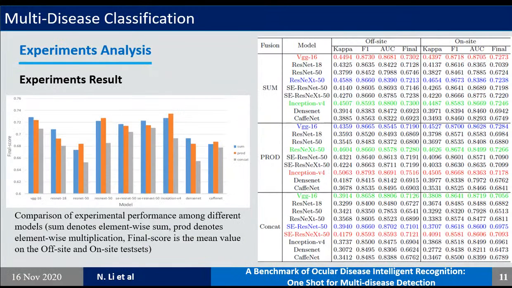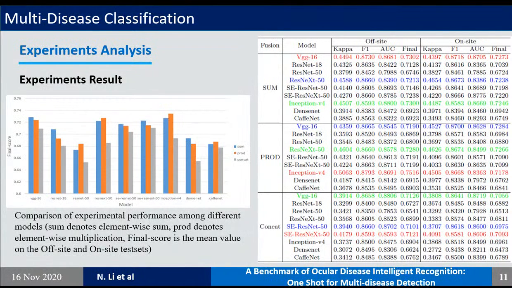We selected 9 currently popular deep convolutional neural networks as the backbone network. We use 4 evaluation metrics, including kappa, F1 score, AUC, and their mean value, denoted as final score, to evaluate the performance of multi-label classification networks.